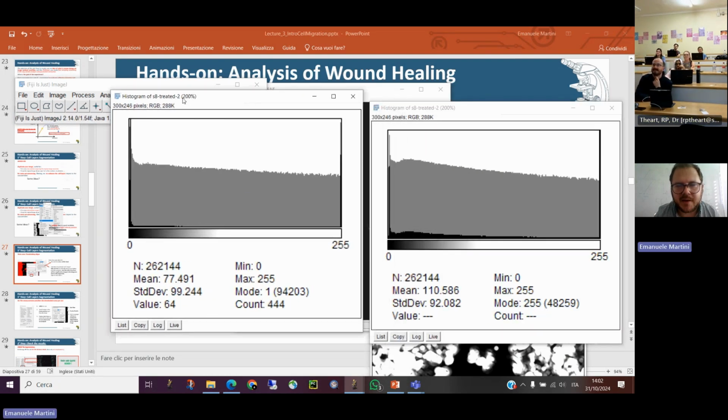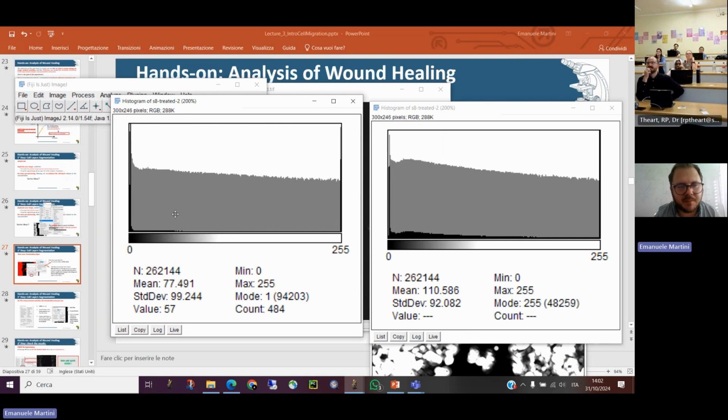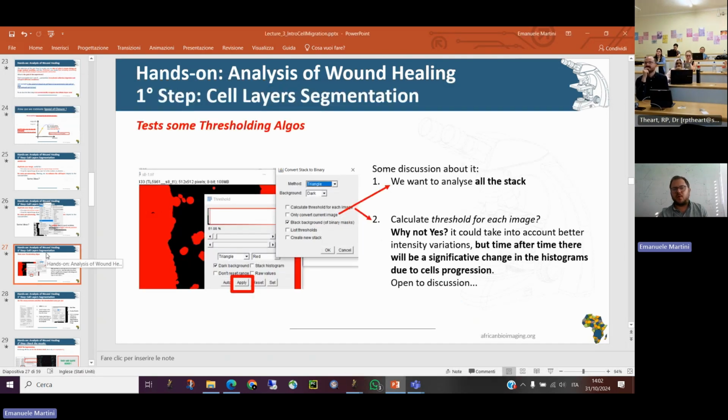Yeah, in the log way you can see the bump. In the normal way you can see that here it is very little distributed, it's all here. Here there is also a little bit of a bump, so you can see the bump. And so of course if you calculate the histogram for each time point, it will not work well.